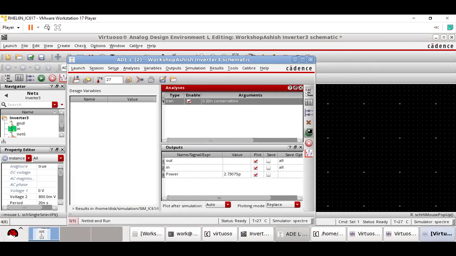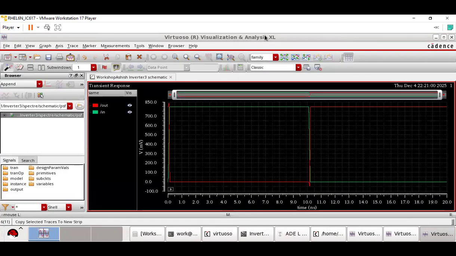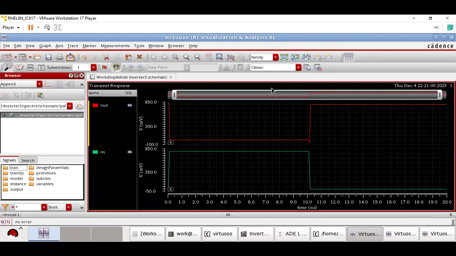Okay, let us run this. Is it correct? This is what we discussed: for 10 nanoseconds 1, for 10 nanoseconds 0.